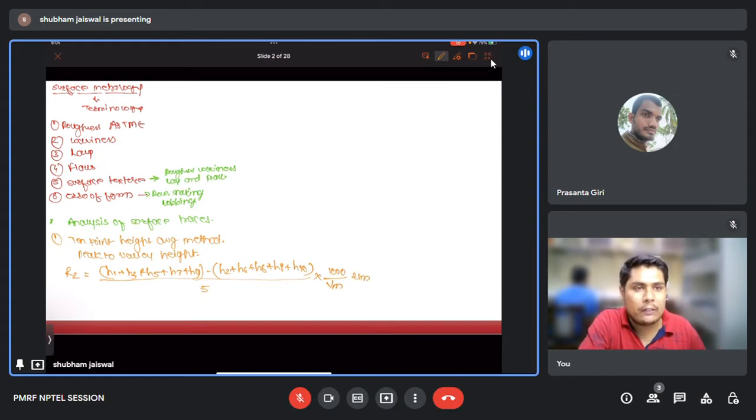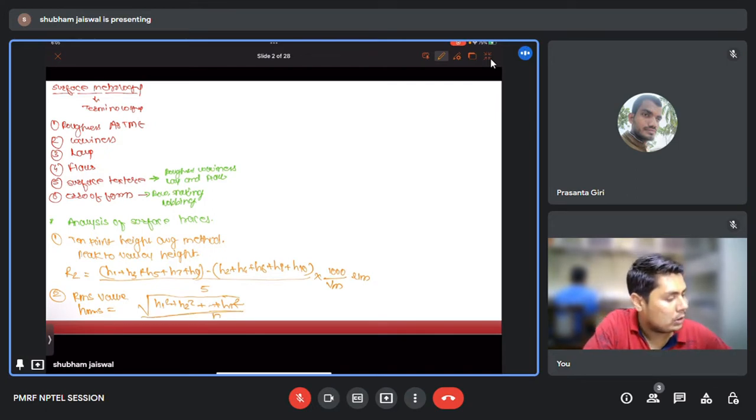After that, we have seen the second method, the RMS value, whose full form is root mean square. The formula for RMS is h1 square plus h2 square plus up to hn square, divided by n.